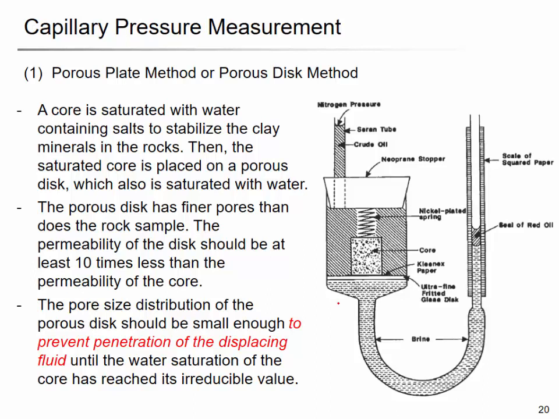So here, this is brine. It could be a formation water or salt water, brine. And you have a disc here. And this disc is also saturated with the brine. And the core is also saturated with brine. So all the brine phases are connected to here.